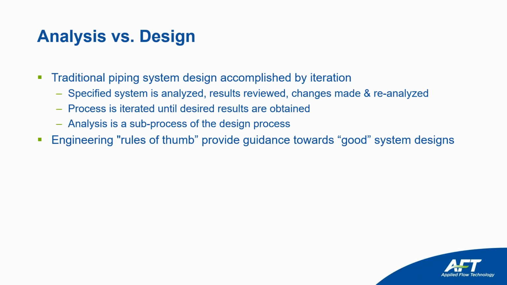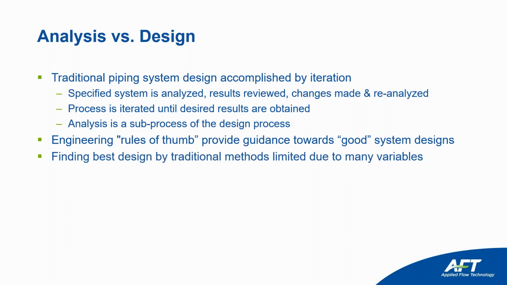And engineering rules of thumb can help provide guidance towards good system designs, but there are some issues here. Trying to find the best design with these types of methods is really difficult when you have so many different variables that you're dealing with, so many different pipe sizes that you might use, different pump curves.